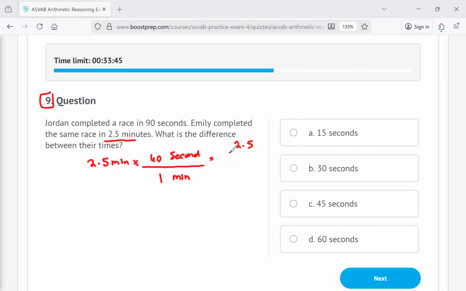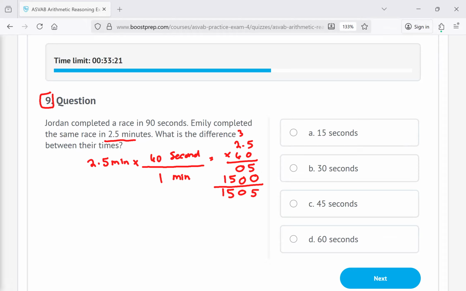Without a calculator, you can do that, right? 2.5 times 60, it would be 5, 0, 0. 6 times 5 is 30, carry the 3. 6 times 2 is 12. 13, 14, 15. And all together is 5, 0, 1, 5.